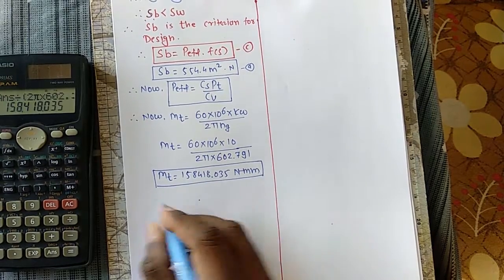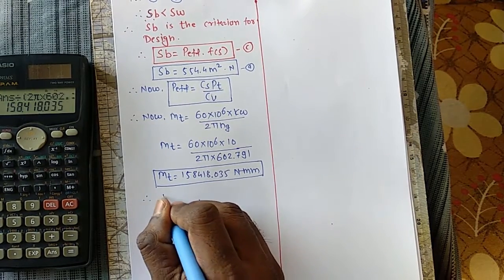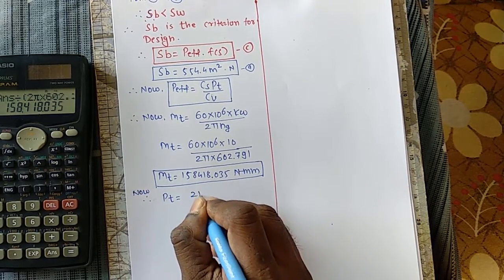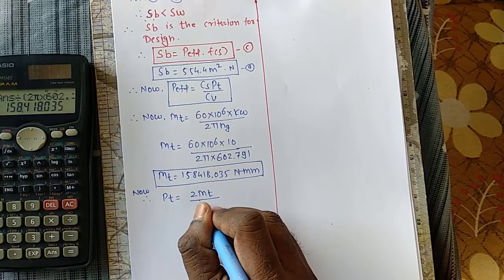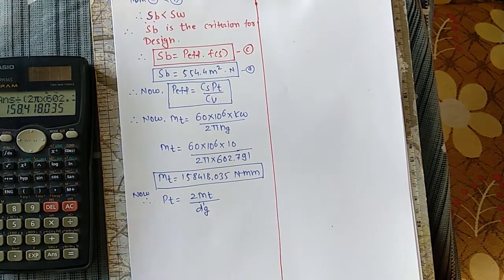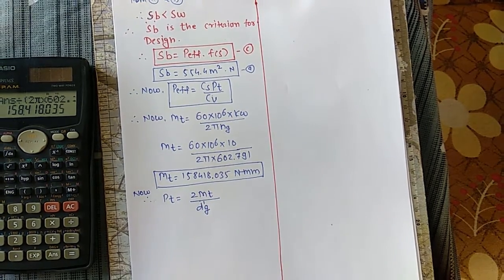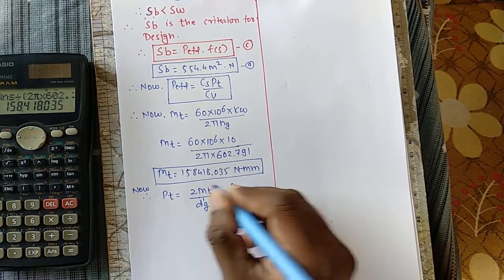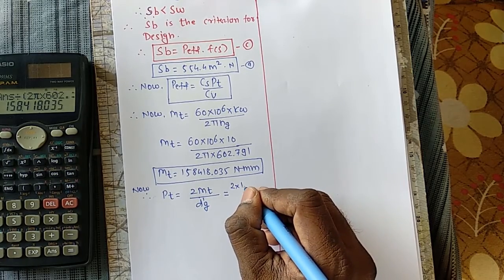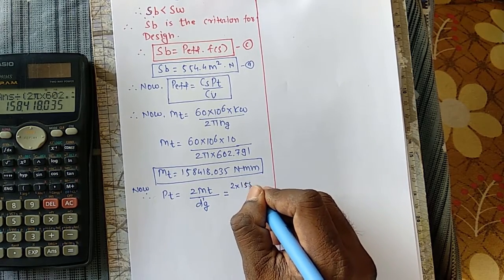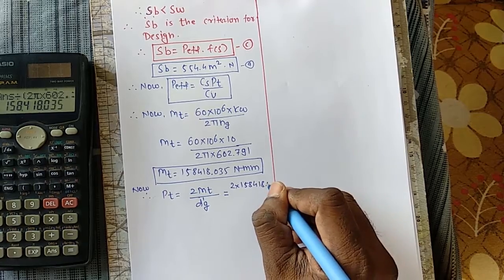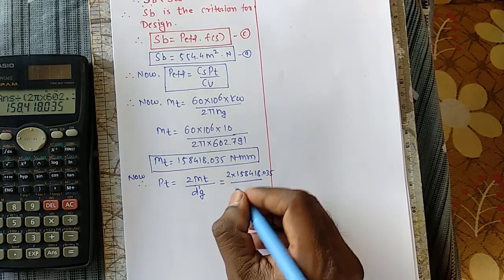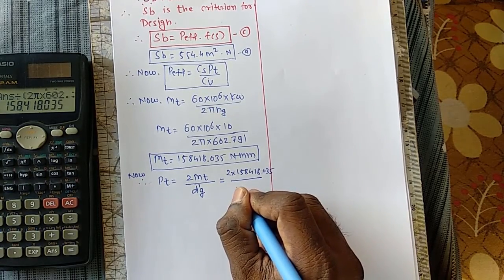Now from torque we will calculate PT, because PT is given by 2MT divided by D dash G. I will write here, because the gear is the weaker element, 2 into the value of torque we have, 158418.035, divided by D dash G, which is nothing but M into ZG.